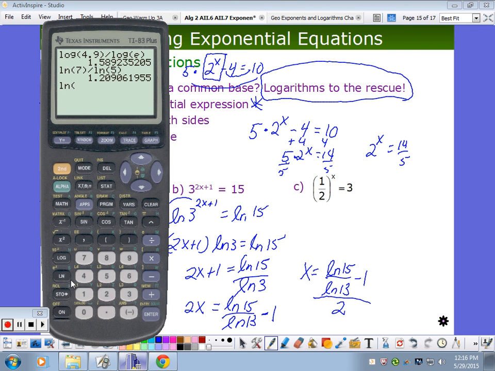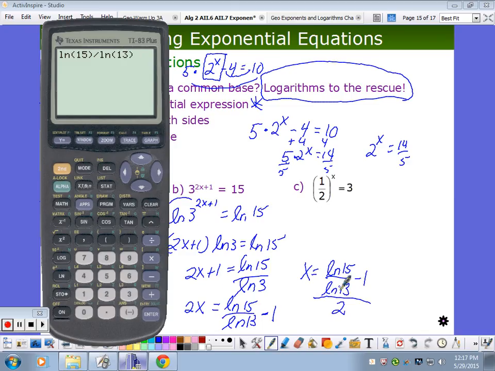Let's see. Okay, he's got one. Let's see if we get the same thing. So the ln 15 divided by ln 3. I'm going to hit enter now. Then I'm going to subtract 1. Did I make a mistake? Let's try it again. Okay, I'm getting rid of this whole thing. All right, here I go, and I'm going slowly.